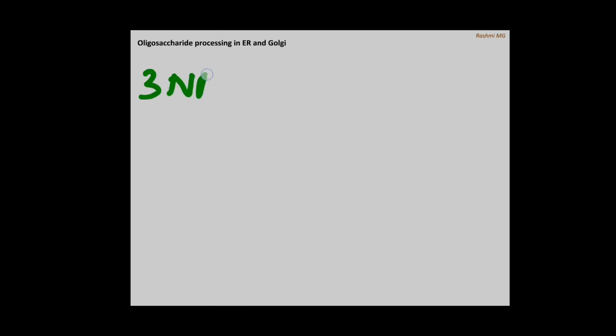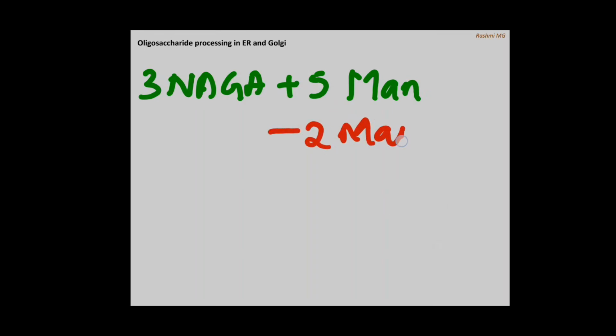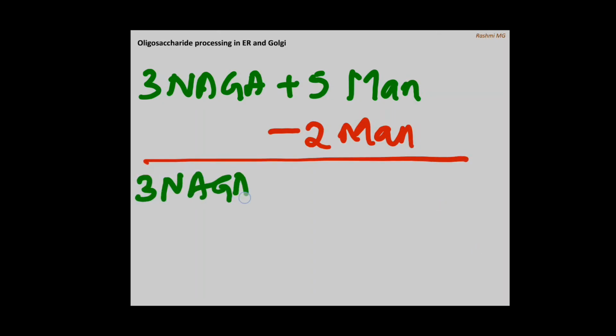3 NAGA and 5 MAN is present. To this, there is removal of 2 mannose again. Now how many? 3 NAGA plus 3 mannose.